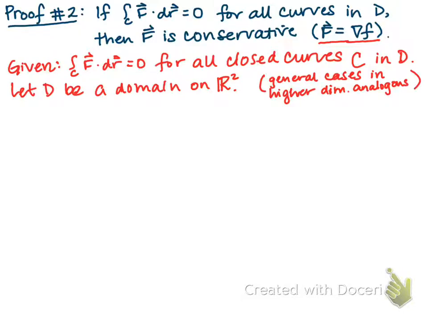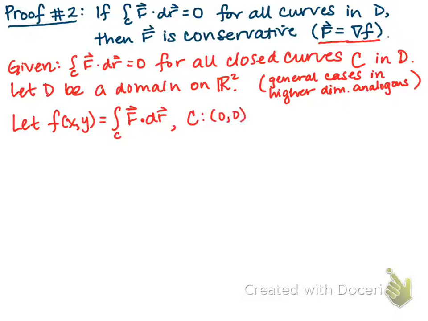Then we need to come up with a potential function. Let f of x, y equal the line integral over C of F dot dr, where C is a curve that goes from the point 0, 0 to the point x, y. And again, just to make it a little easier, I'm going to say x and y are positive values.